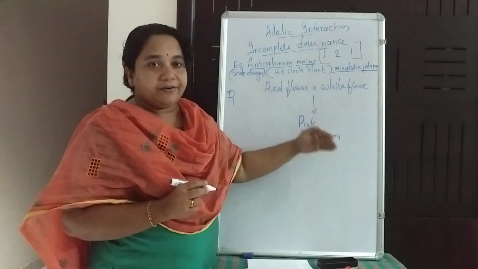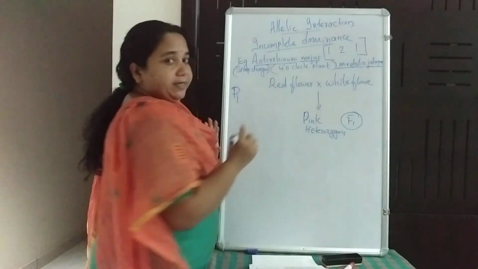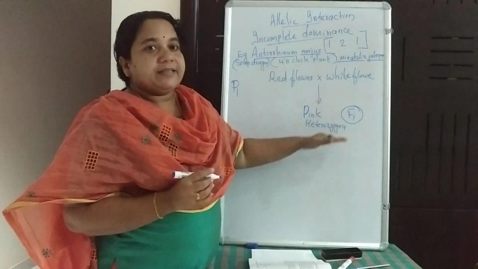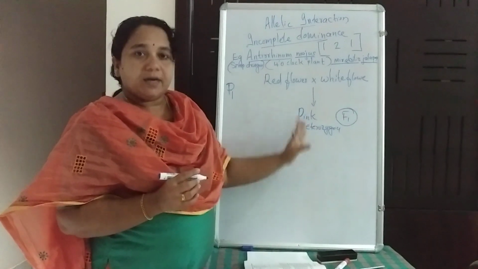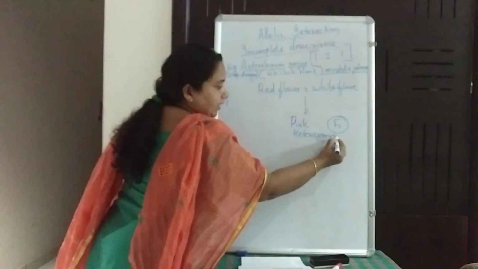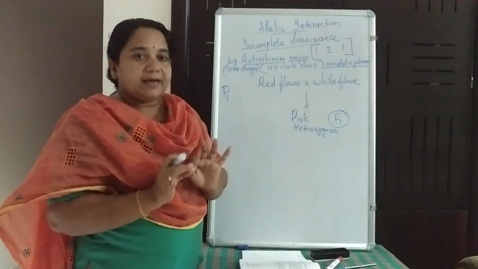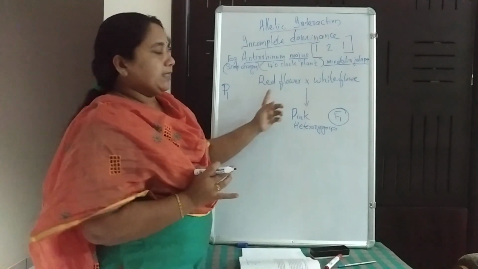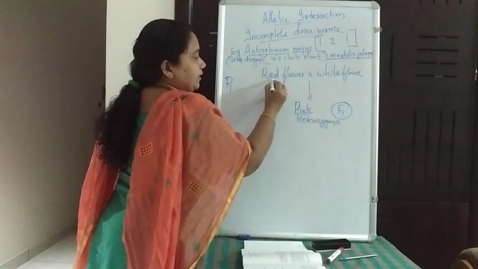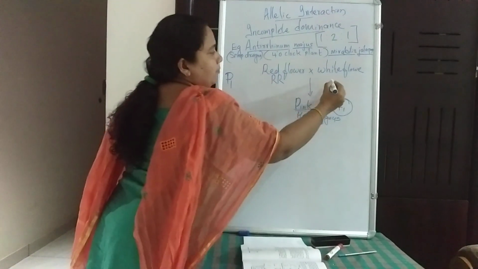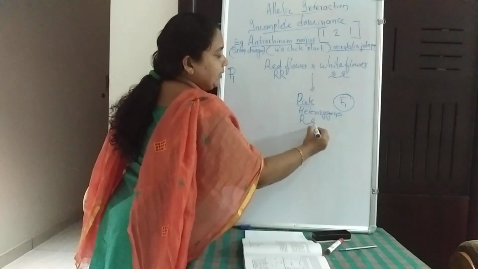What we noticed in the Mendelian ratio is that even though the F1 is heterozygous, the expressed character will be that of the dominant allele. Here, the dominant and recessive alleles interact and give a color intermediate between red and white, which is pink. So the red flower color is capital R, homozygous, the white flower is the recessive small r, and the pink is capital R small r.